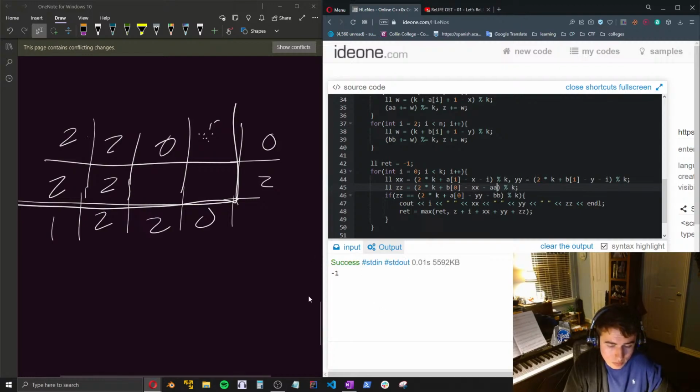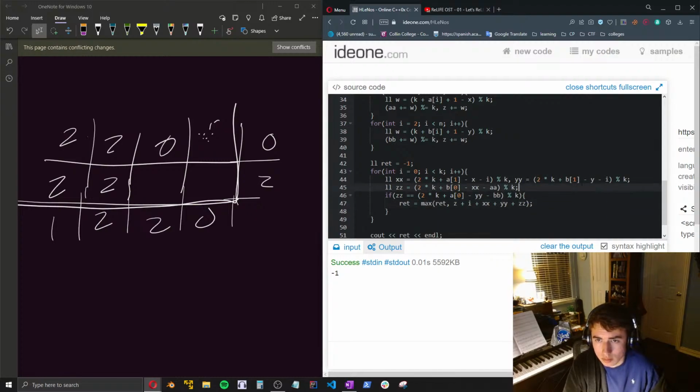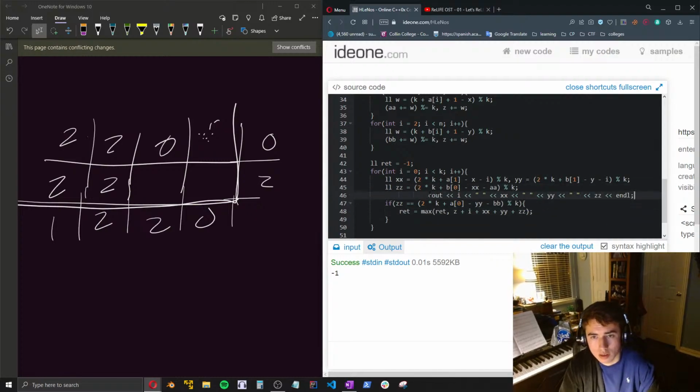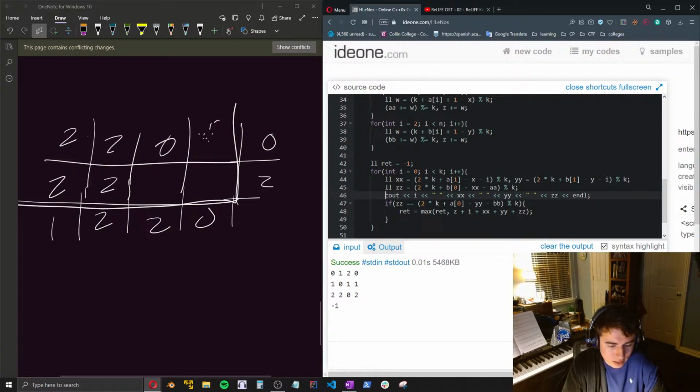Right. B of 0. Minus XX. What are we doing wrong now? As always, I suck at figuring this out. Right, so this is 0. Times 2 is 4. Is 5.